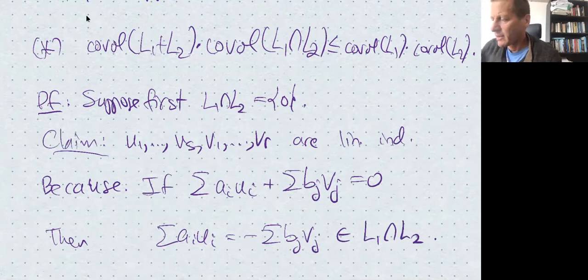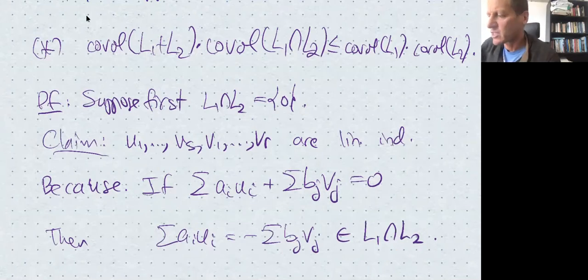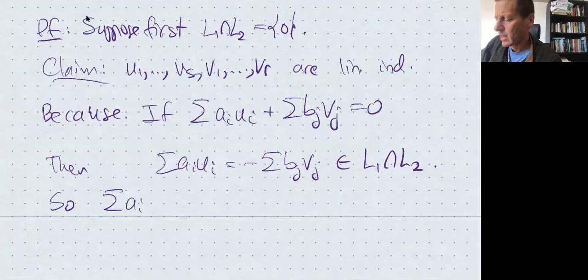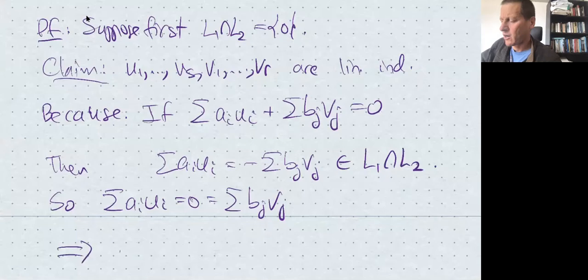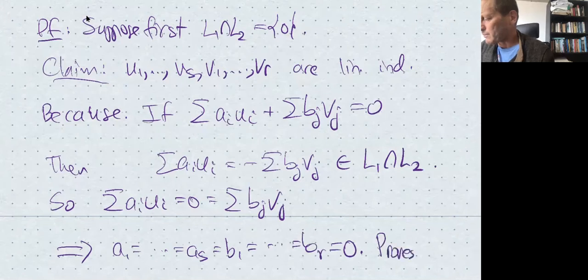I'm only doing operations inside these additive subgroups, but I still get this identity which lives in the intersection of the two additive subgroups. So this is 0, because the intersection is 0. And since the UIs are linearly independent, and since the VJs are linearly independent, we get this. So this proves the claim.